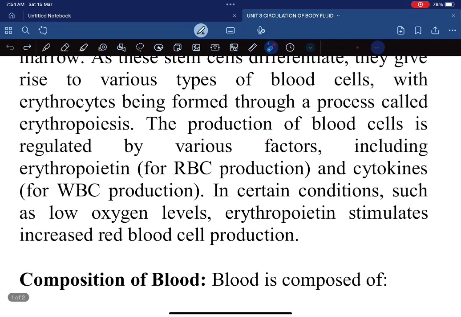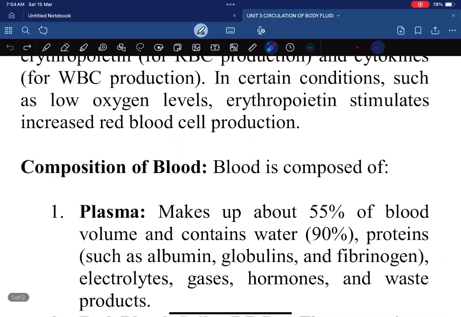The production of blood cells is regulated by various factors including erythropoietin for RBC production and cytokines for WBC production. In certain conditions such as low oxygen levels, erythropoietin stimulates increased red blood cell production.